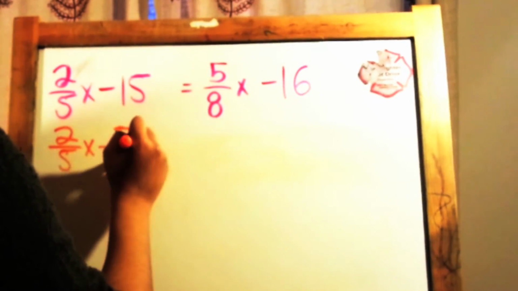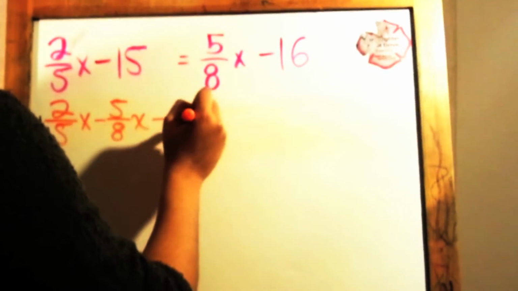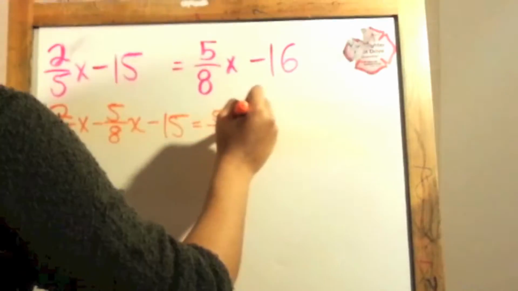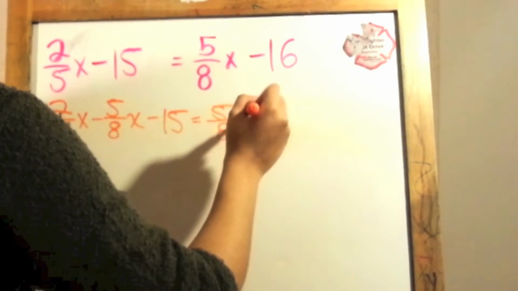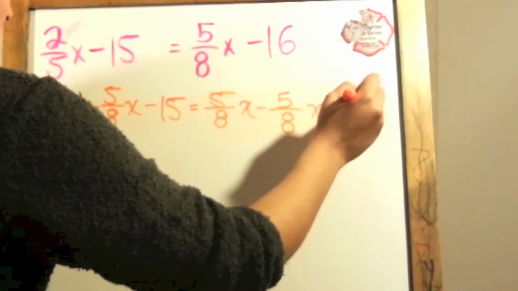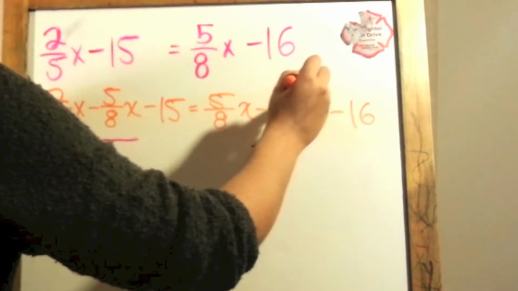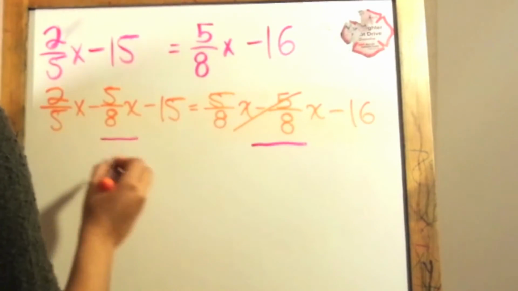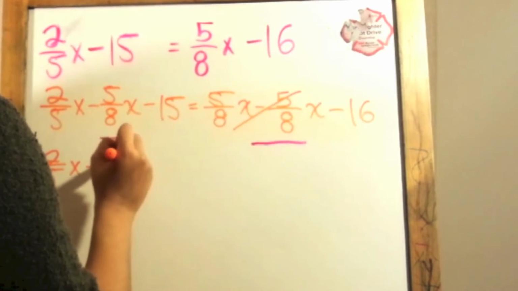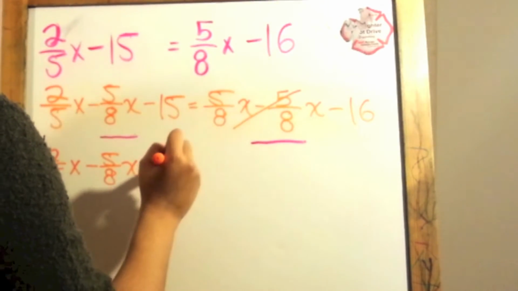So in this example, we need to start off by bringing all like terms to one side. So we'll subtract 5 over 8x on both sides, because that's the opposite operation. And they end up canceling out. And now we need to bring the number terms onto one side as well.